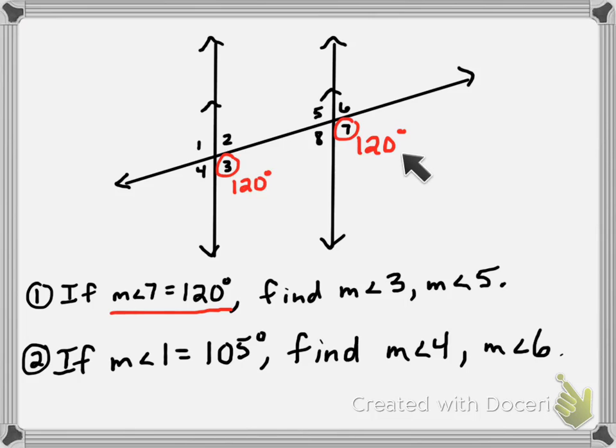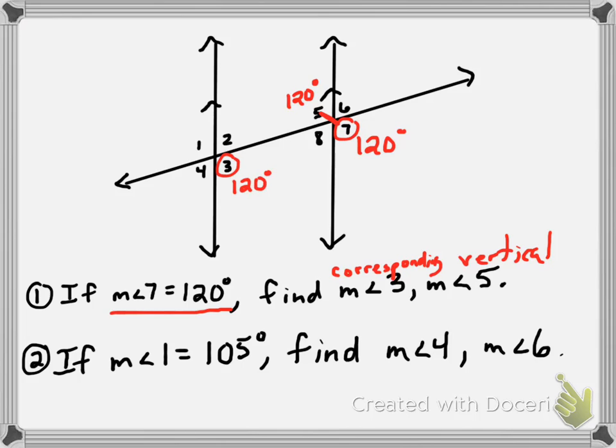All right, and then angle 5 I could look at 2 different ways. It's a vertical angle to angle 7, so it's congruent. Or now that I know angle 3, it's alternate interior to angle 3, so they're congruent. Either way, it's also 120 because it's a vertical angle or alternate interior to angle number 3.